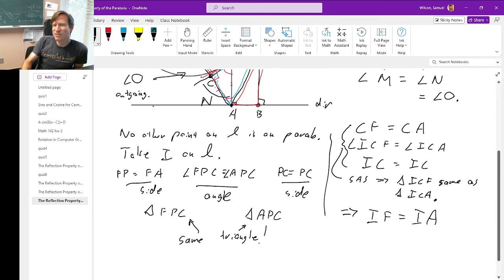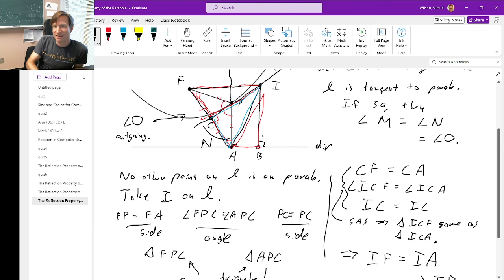But the hypotenuse of a right triangle is always longer than either of the legs. So the length from I to A is definitely larger than the length from I to B, because from I to B is a leg of this right triangle, and I to A is a hypotenuse in this right triangle.